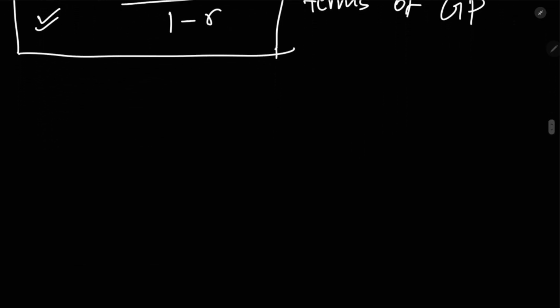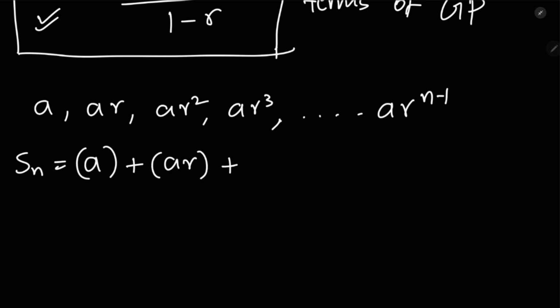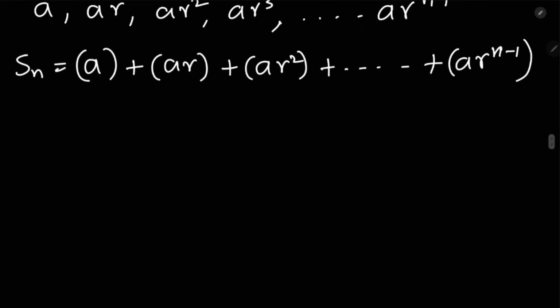So when I have the geometric progression as a, ar, ar square, ar cube and n terms, so a into r power n minus 1, and when I take Sn, I am just adding all these terms, so a plus ar plus ar square till the last term, the nth term, a r power n minus 1. So this is our Sn.